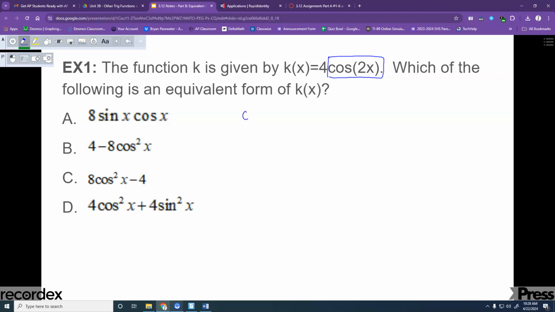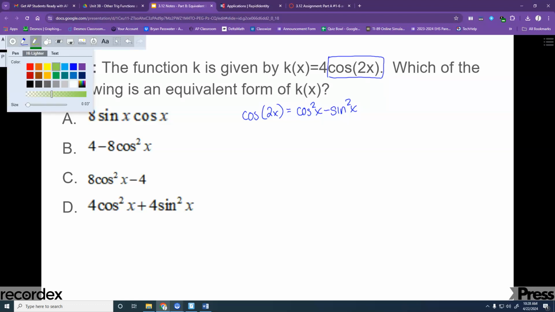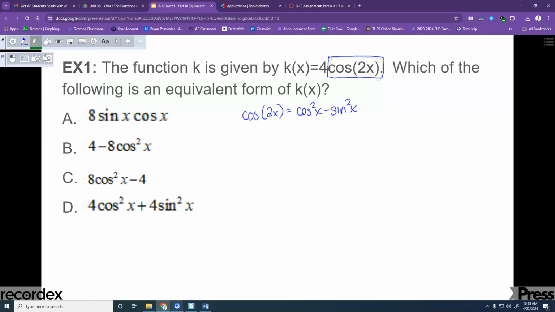Our identity told us that cosine of 2x equals cosine squared x minus sine squared x, right? That was the identity on the prior slide. So we are just taking this cosine of 2x that's right here, and we're replacing it with that cosine squared x minus sine squared x.